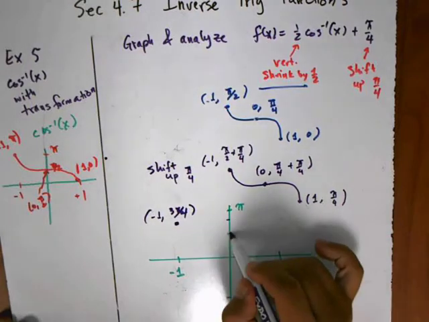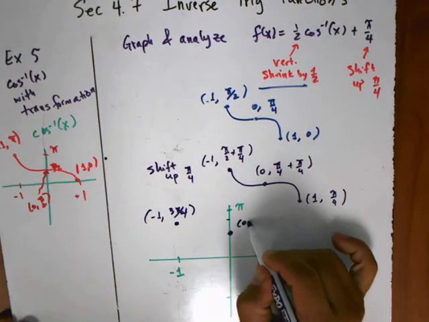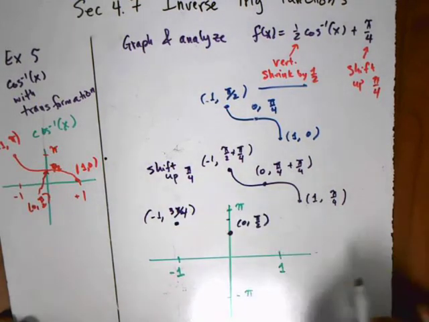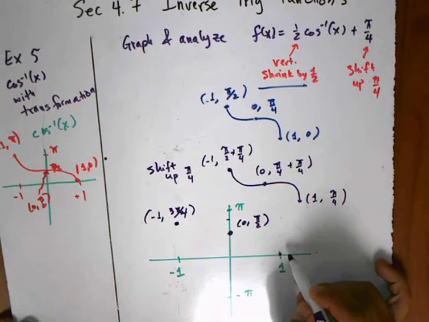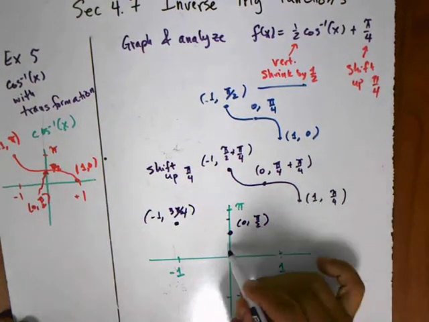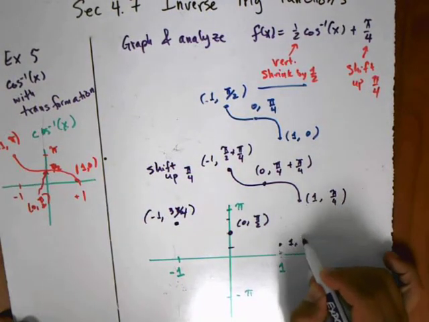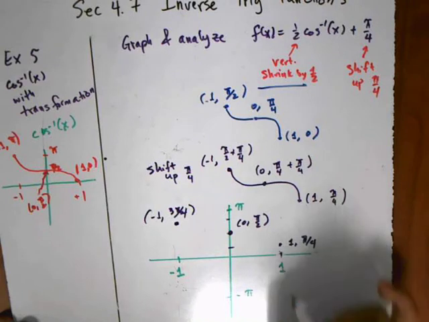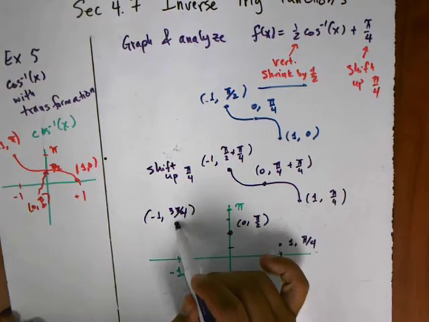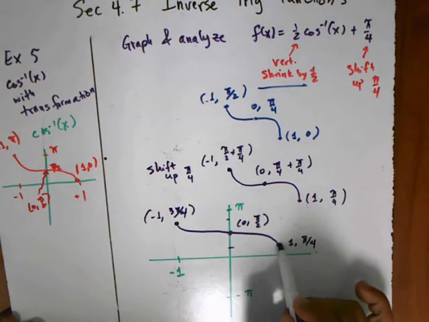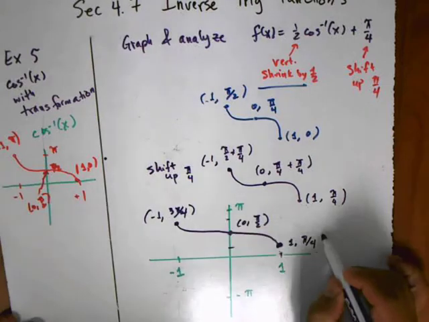This point in the middle is 0, pi over 2. And the point down here, a little bit higher, is at 1, pi over 4. And it looks roughly like that.